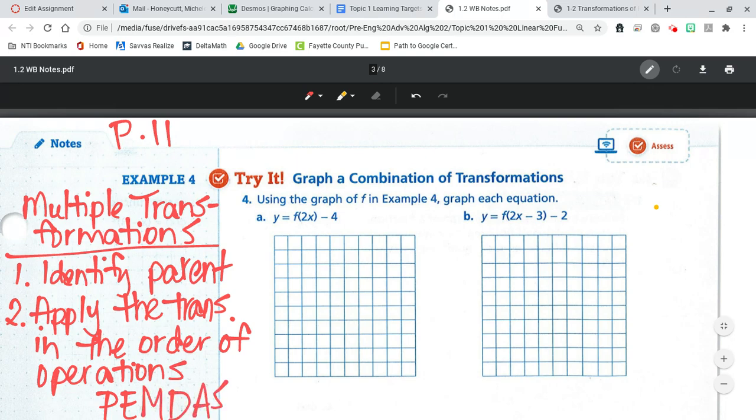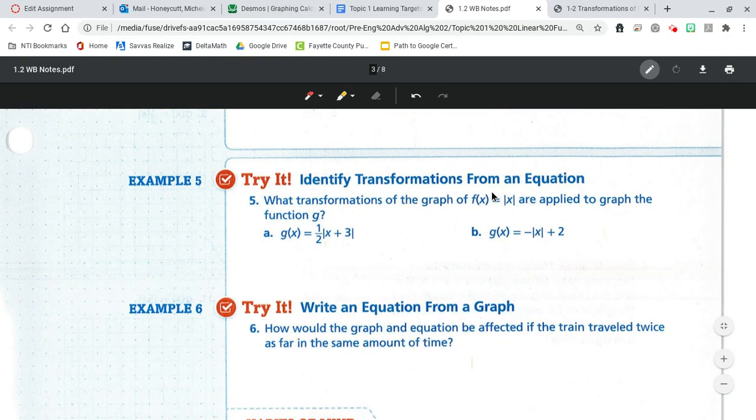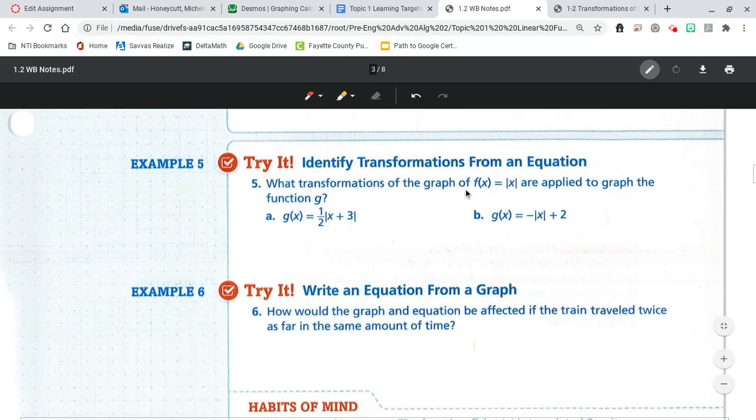So I think it makes sense if we skip and do example 5 first. What transformations from the graph f of x, the parent function of absolute value of x, are applied to the function g? They've already identified the parent function here. So I want to know what the transformations were that happened.